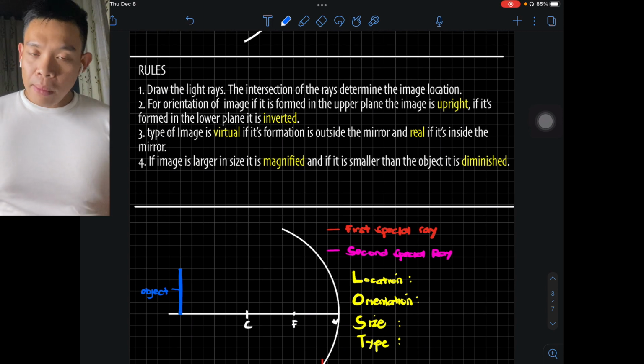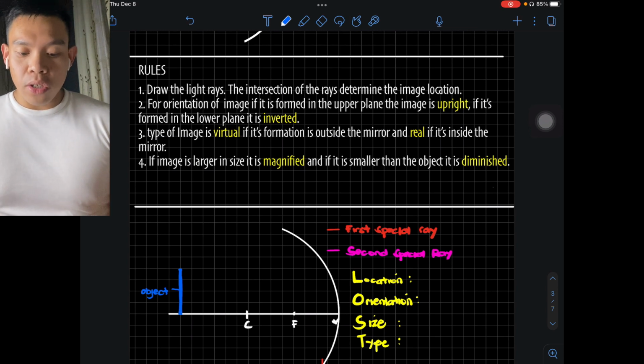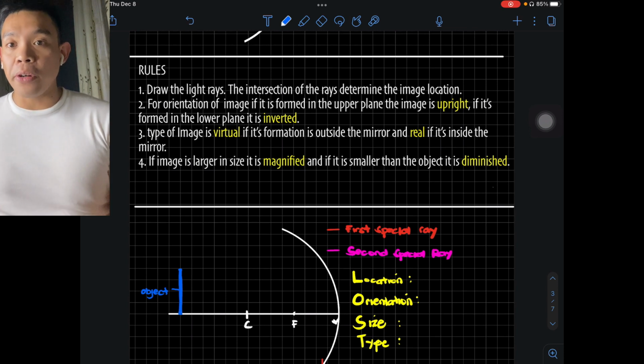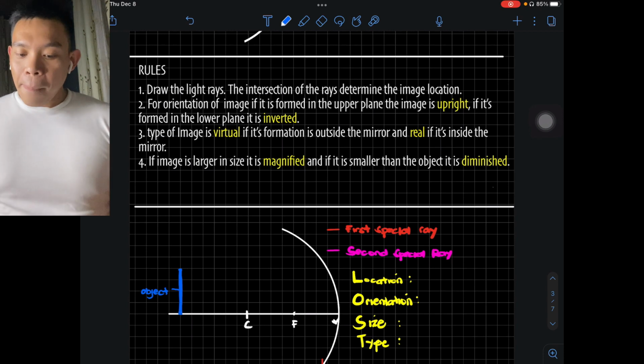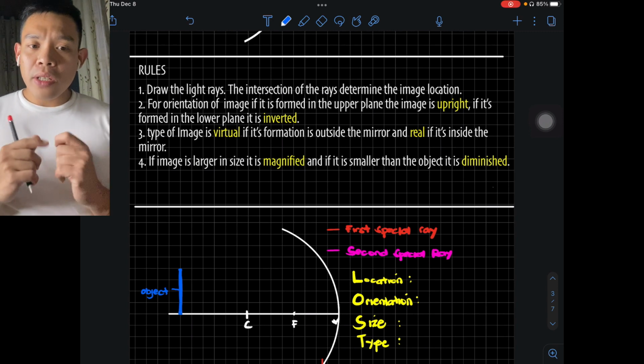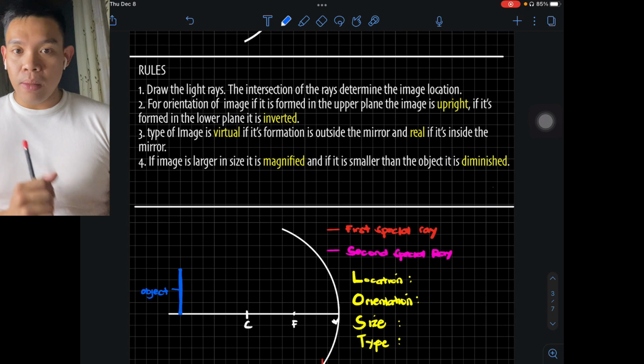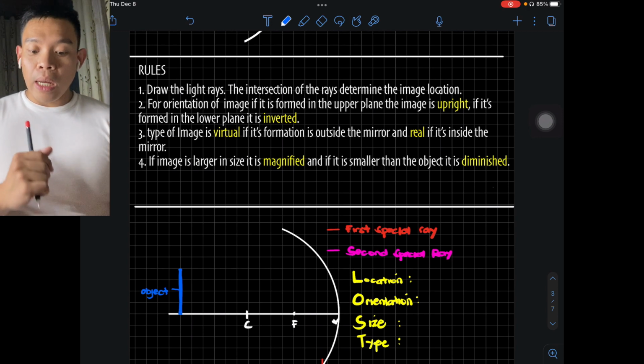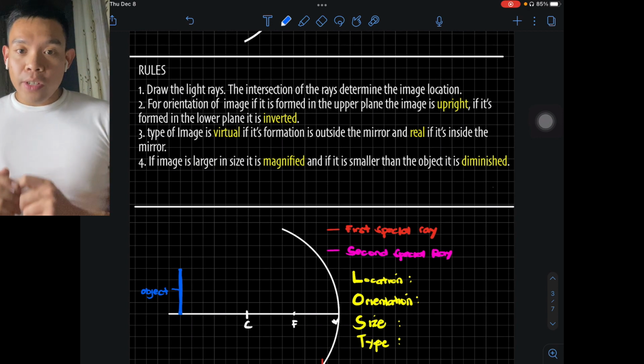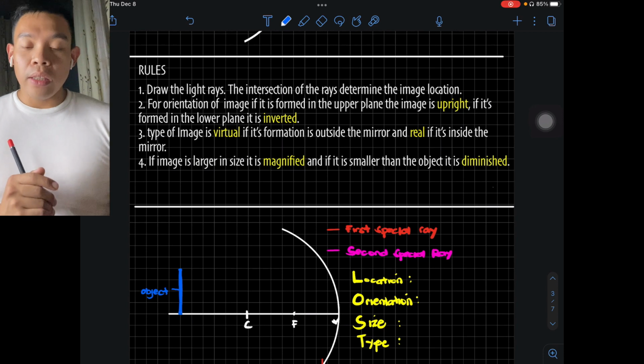For the type of image, the image is virtual if it is formed outside the mirror's reflective surface, but it is real if it is inside the mirror's reflective surface. If the image is larger in size, then it is considered a magnified image. But if the image becomes smaller than the object, then it is considered diminished.